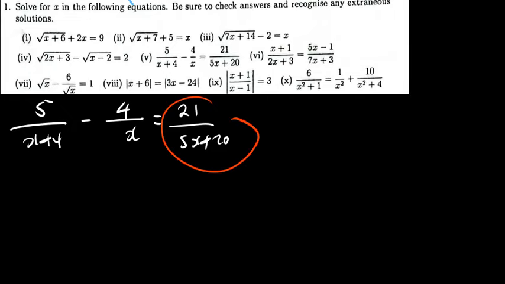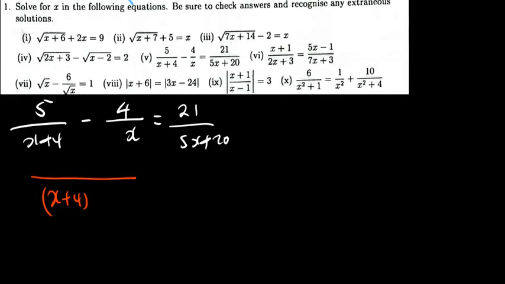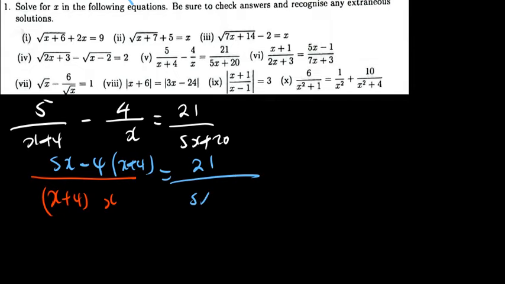So what I'm going to do is find the common denominator, which is going to be x plus 4 times x. So that times that, I can clearly see that x plus 4 and x plus 4 will cancel out, and I'm going to remain with just x. X times 5 is 5x. Here I'll have 4, x and x will cancel, then I'll remain with x plus 4, like that, is equal to 21 divided by 5x plus 20, like that.